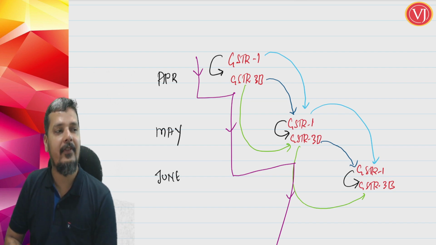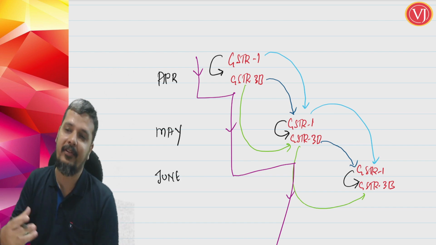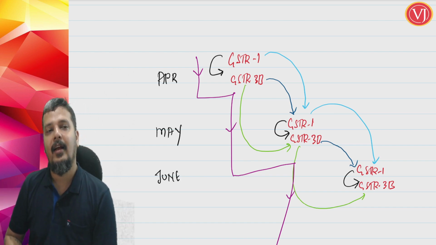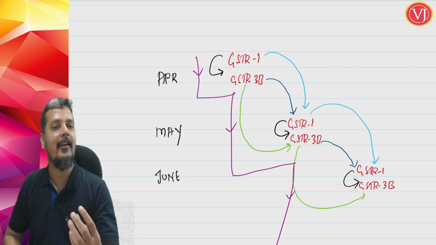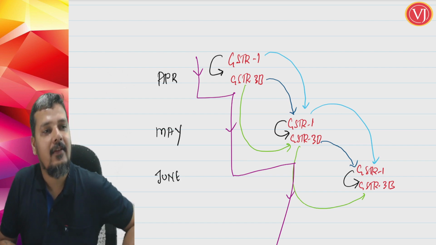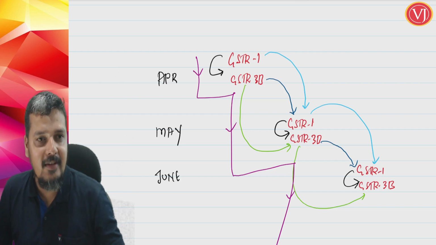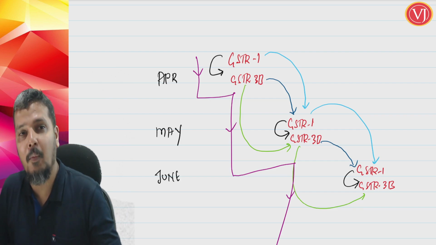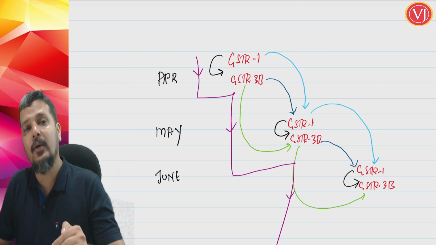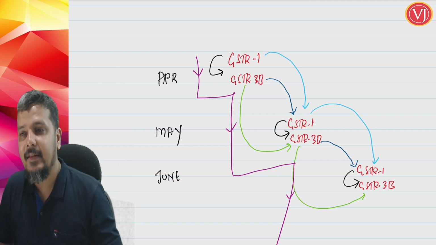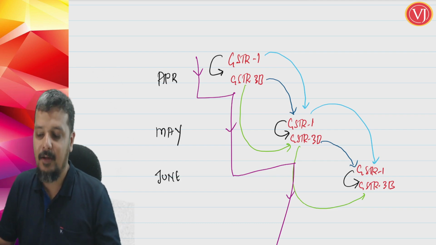To make your life simple, if you read all the 4 provisions given at different places, you say okay, let us consolidate it. Make life very simple. First file April month's 1, then April month's 3B. Then go to the next month. May month's 1, then May month's 3B. Then go to the next month. June month's GSTR 1, then June month's GSTR 3B.